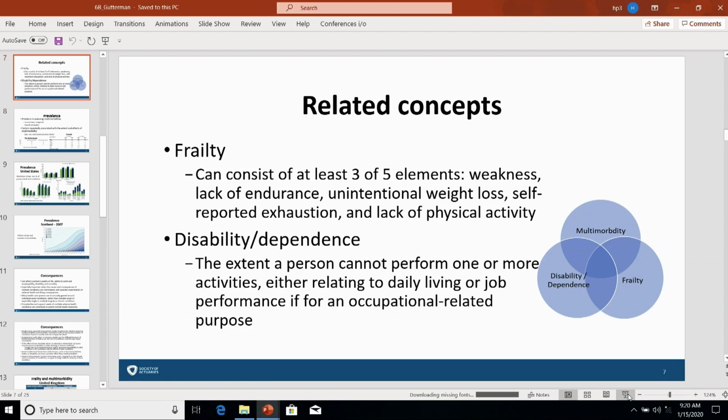I mentioned the importance of the validity of that concept into younger ages, and Sam pointing that out. Also in the younger ages, the kinds of multimorbidities are quite different, and mental illness becomes very important as well.